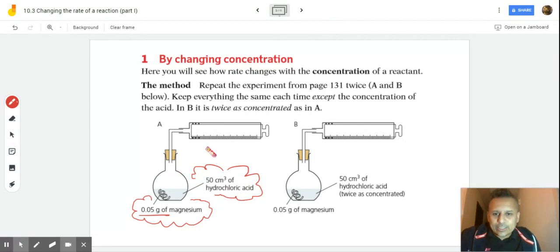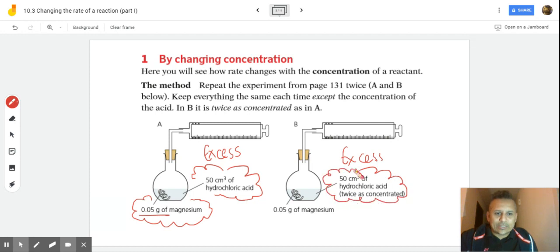Now, this acid is in excess for the first experiment, and it just so happens that if we repeat the reaction and we double the concentration of this acid, it will also be in excess. What do we mean by excess?